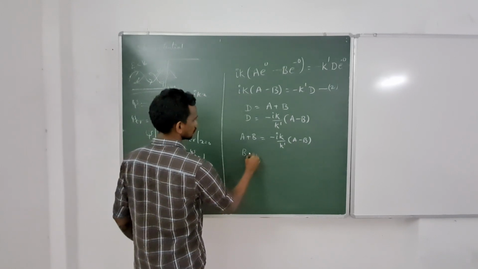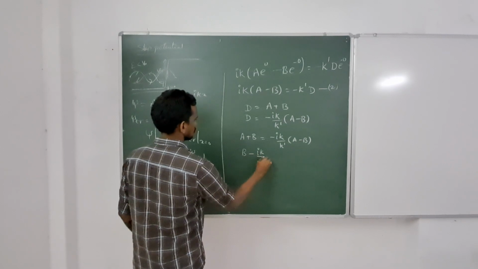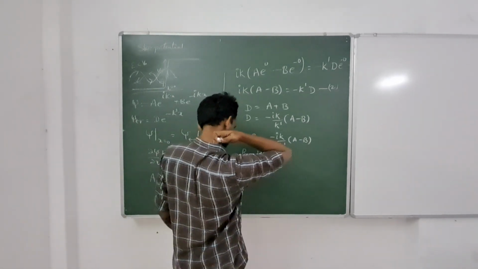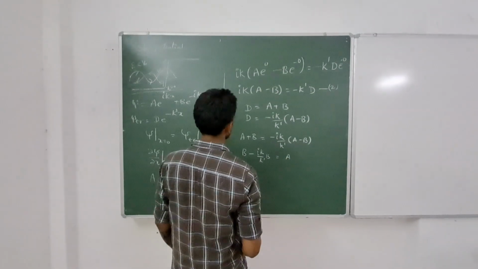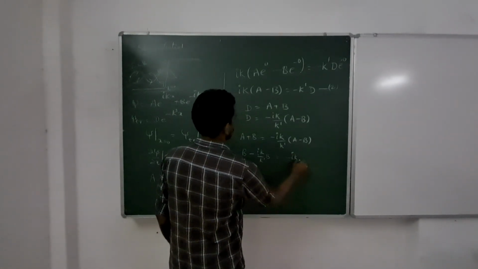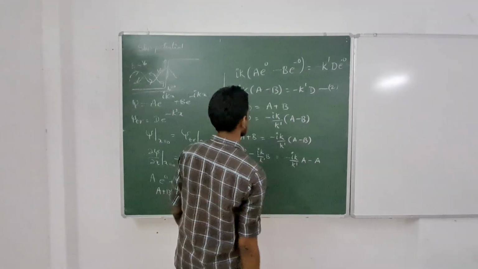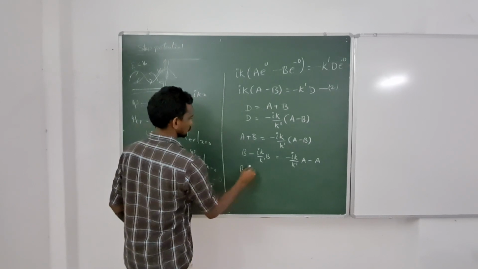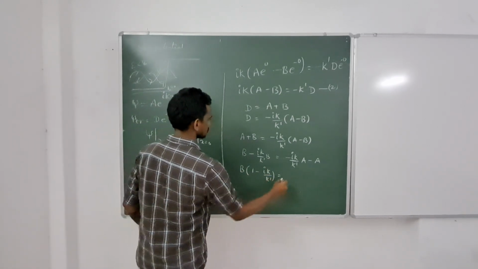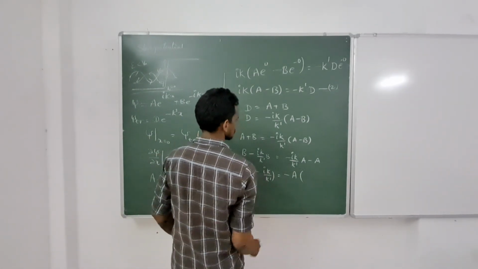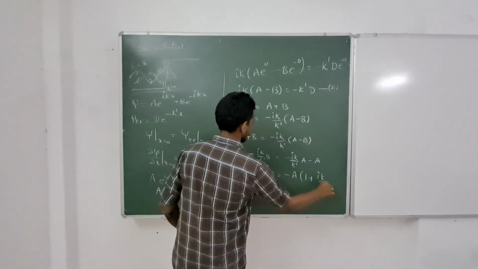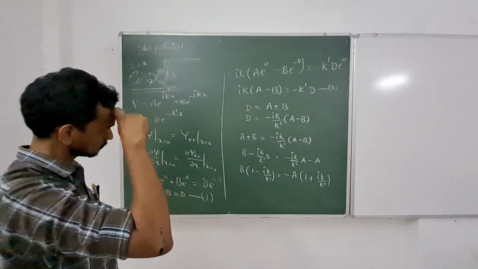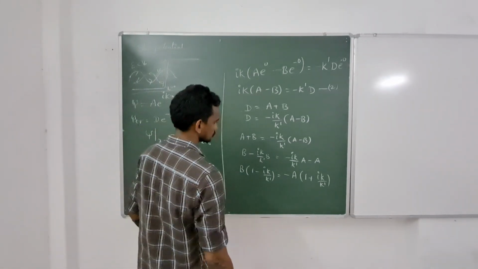B minus ik by k' B is equal to minus ik by k' A minus A. B into (1 minus ik by k') is equal to minus A into (1 plus ik by k').